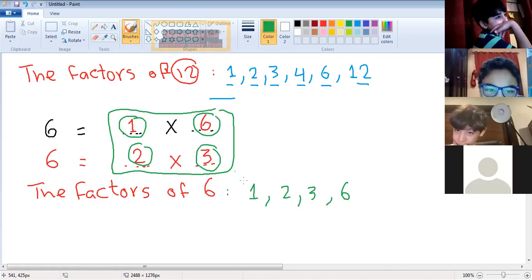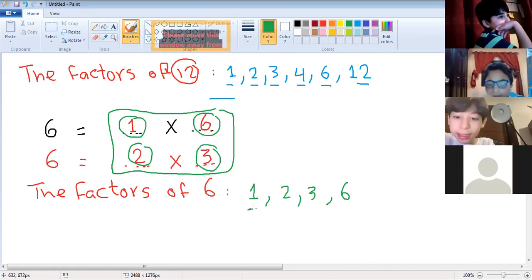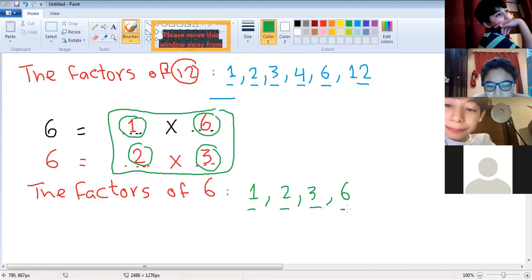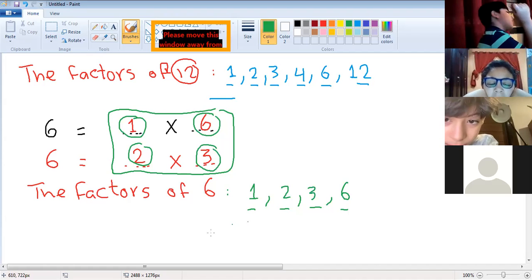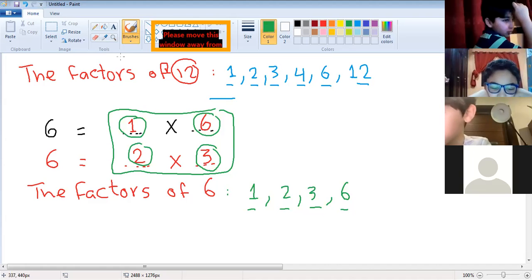So how many factors? 1, 2, 3, 4 factors. Okay. So now I wrote the factors of 12, which are 1, 2, 3, 4, 6, and 12. And I wrote as well the factors of 6.